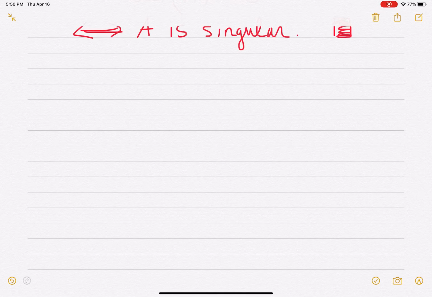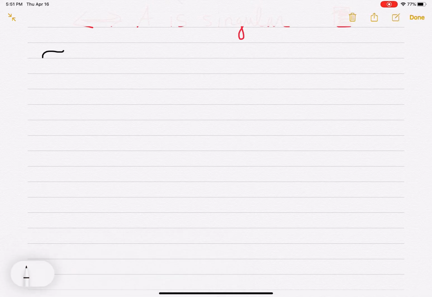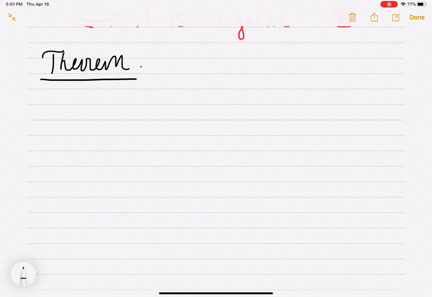All right, what else? Here's a big result. Not hard to prove. They made a big fuss about this in the previous section, but I don't think it was appropriate to prove it there. This is about A and A transpose. Let A be an n by n matrix.